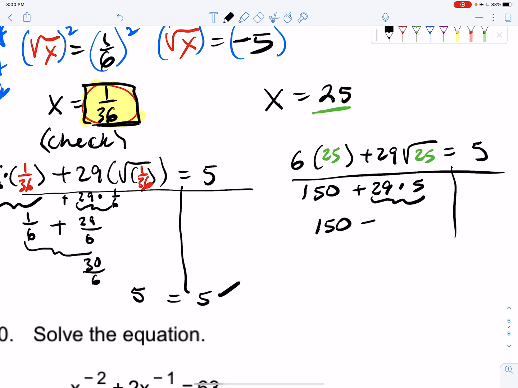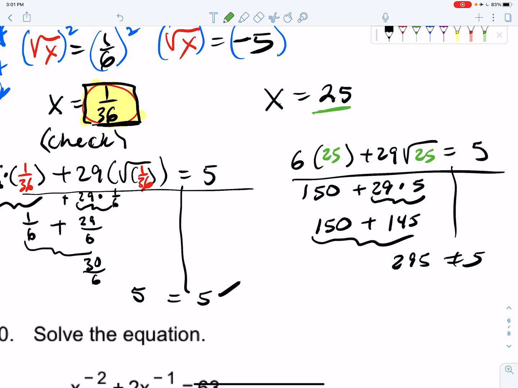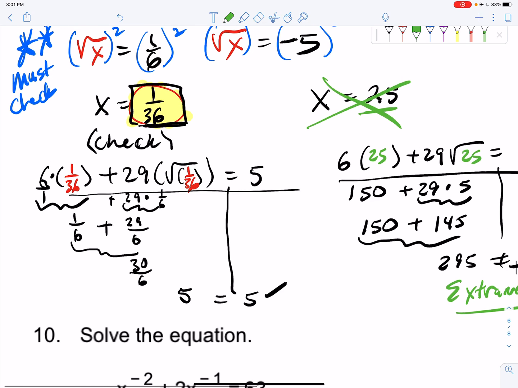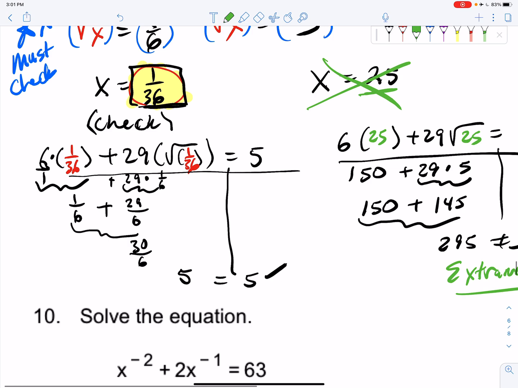So 150 plus 29 times 5 is 145. This is getting way too large. When I add those two up, I get 295, which definitely does not equal 5. This is for sure going to be extraneous. So we cross that answer out and do not use it. I just get one answer, x equals 1/36.